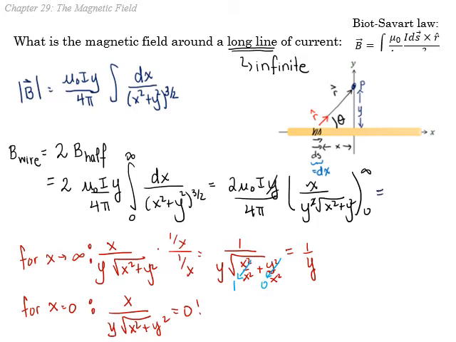That gives us, for our magnetic field, 2 times mu naught times I over 4 pi, then we'll put in what we got for our results, 1 over y minus 0. So we're left with 1 over y. So there's the magnitude of our total magnetic field of that entire wire.